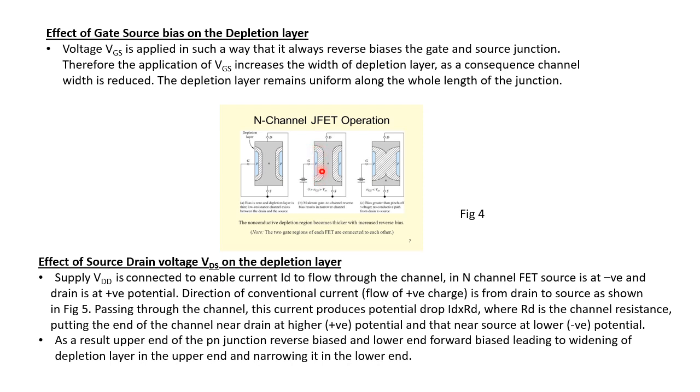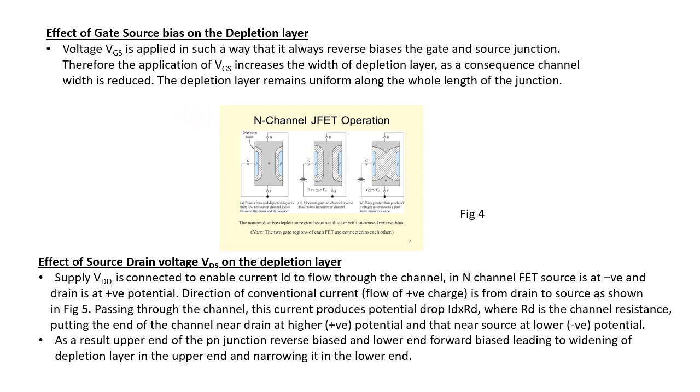And we can make out that the width of the depletion layer is uniform along the junction line. And this depletion layer is formed on the other side of the channel like this. The depletion layer is formed on both sides of the channel along the PN junction.